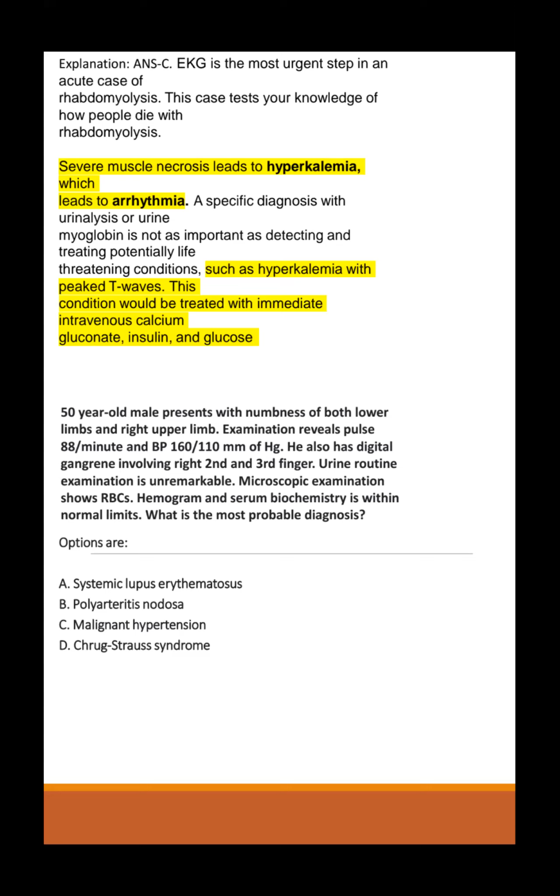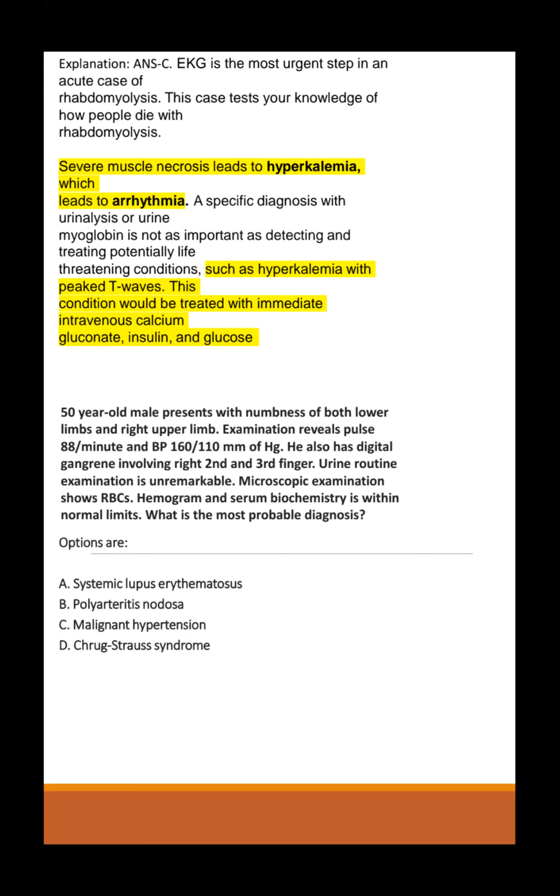And hypertensive. I'm discussing one by one because this question is recalled from the exam.